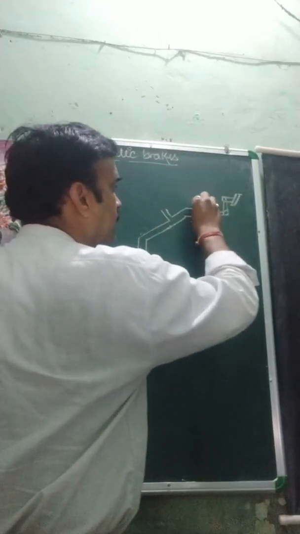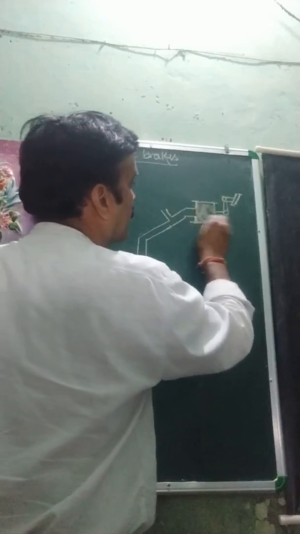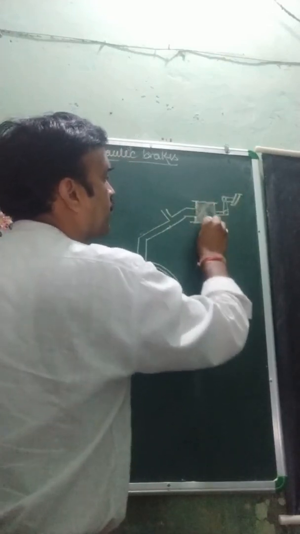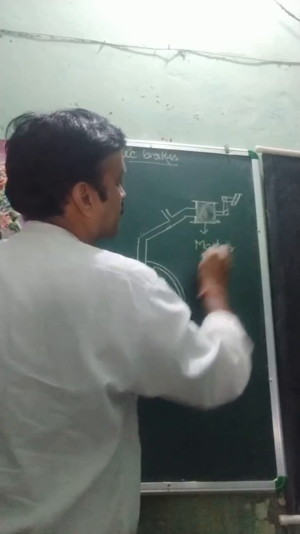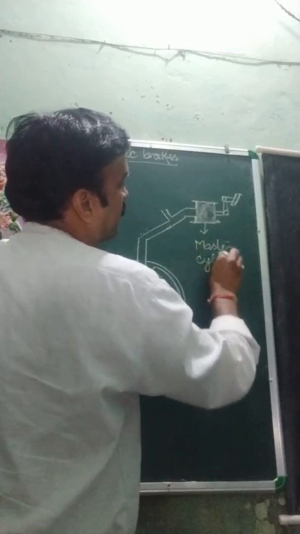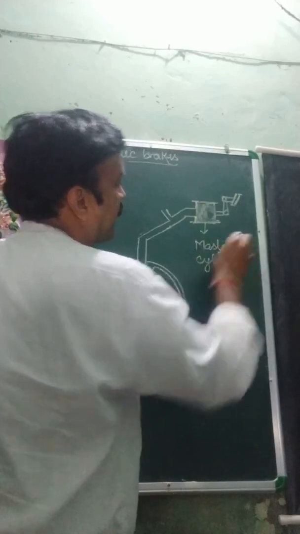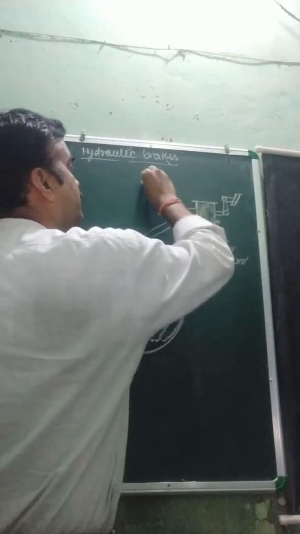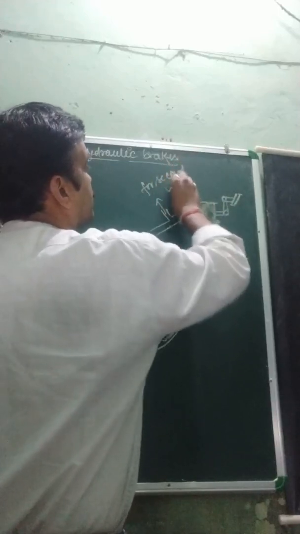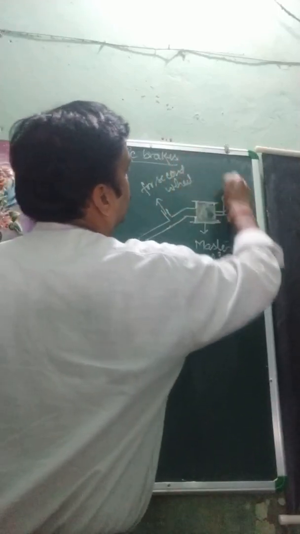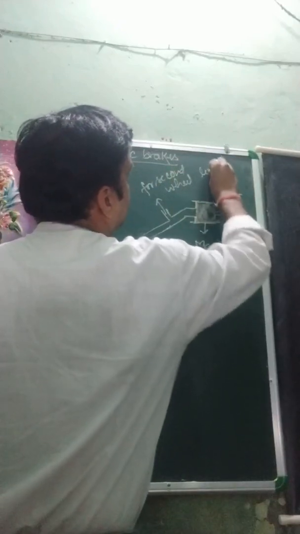This one is the master cylinder. This one is for the second wheel. This one is the lever system.